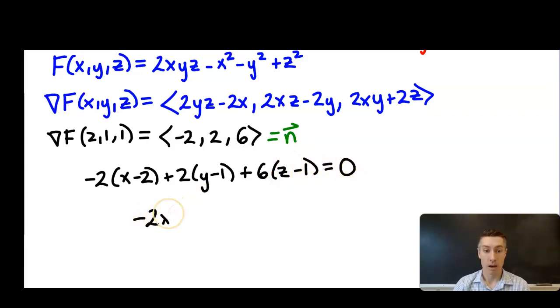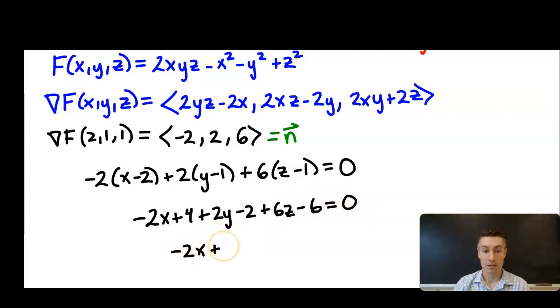And if we clean it up, we'd have negative 2x plus 4 plus 2y minus 2 plus 6z minus 6 equals 0. So negative 2x plus 2y plus 6z equals 4. All right, and there's the equation of the tangent plane to the surface that we were given at the point.